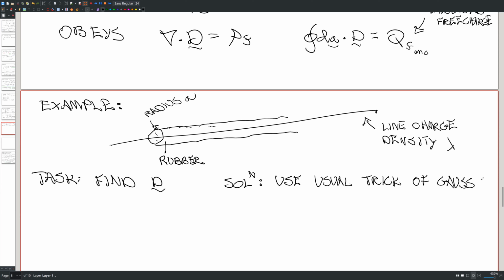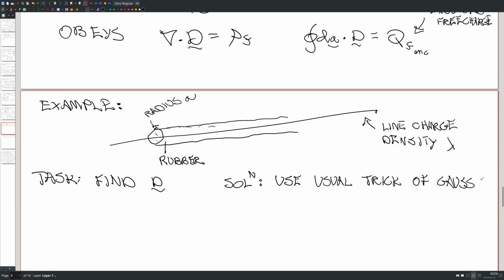First of all, I have symmetries in this problem. It's a cylindrical configuration. It is rotationally invariant on the axis of the cylinder. It has no dependence on where I am along the cylinder because I've assumed this thing to be infinitely long. Therefore, any field that comes out of this has to be rotationally invariant and translationally invariant.